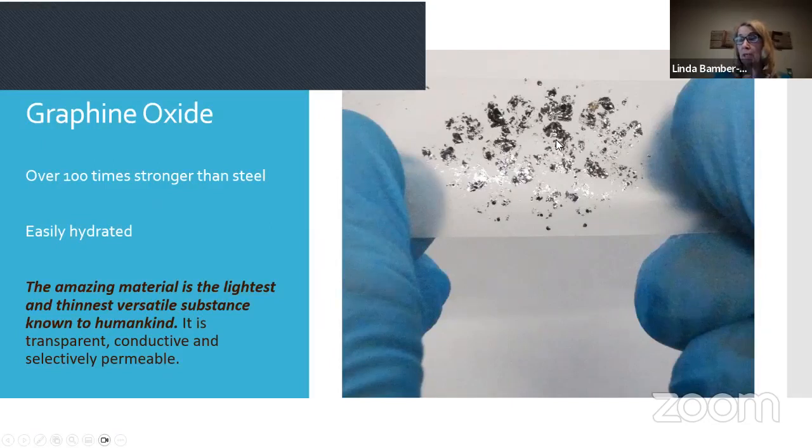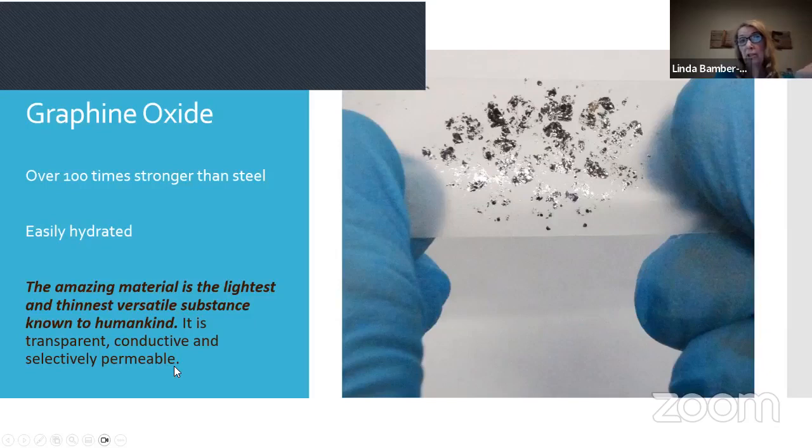They put it over a drawing, an artist rendering, and wow, they came up with a completely new idea and material. This material, this graphene oxide, is 100 times stronger than steel. It's easily hydrated. It's the lightest and thinnest substance ever known. It's transparent, conductive, and permeable.